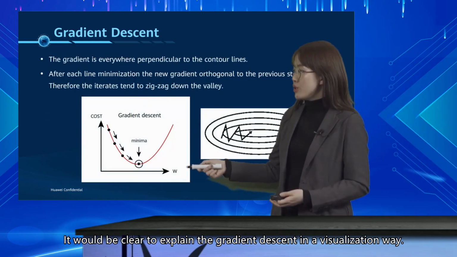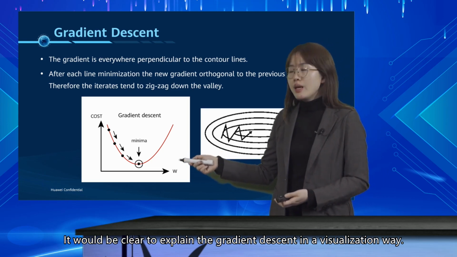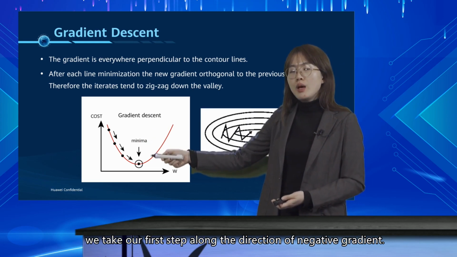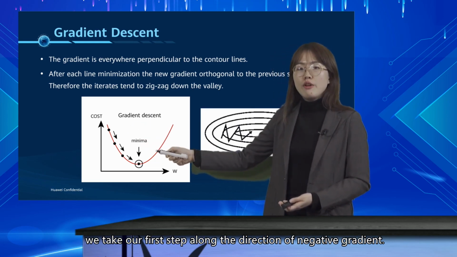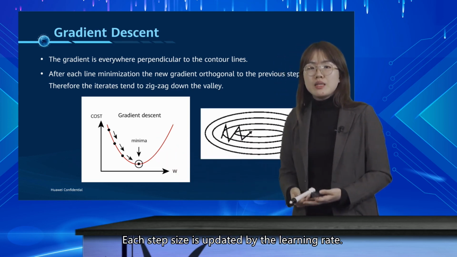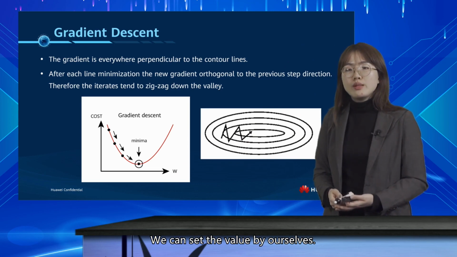It would be clearer to explain gradient descent in a visual way. Starting at one point, we take our first step along the direction of the negative gradient. Each step size is determined by the learning rate. We can set the value by ourselves.